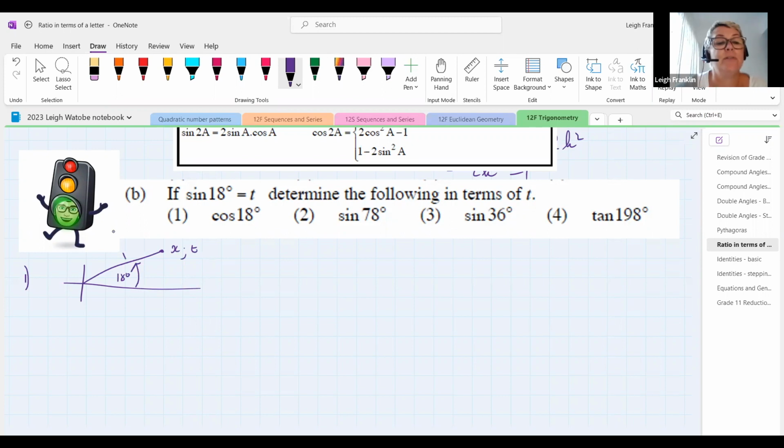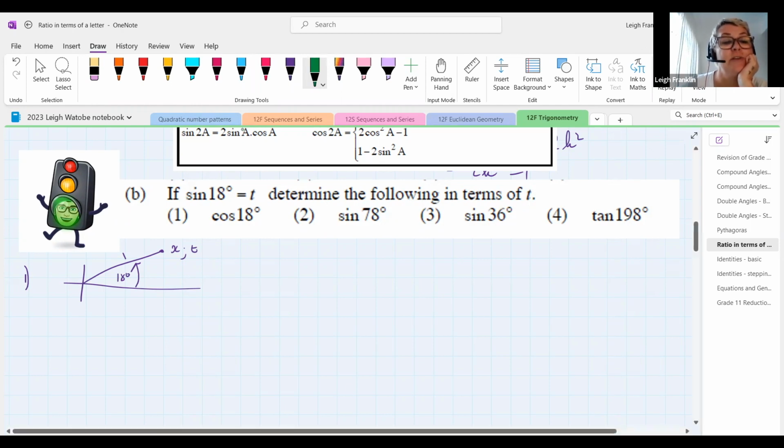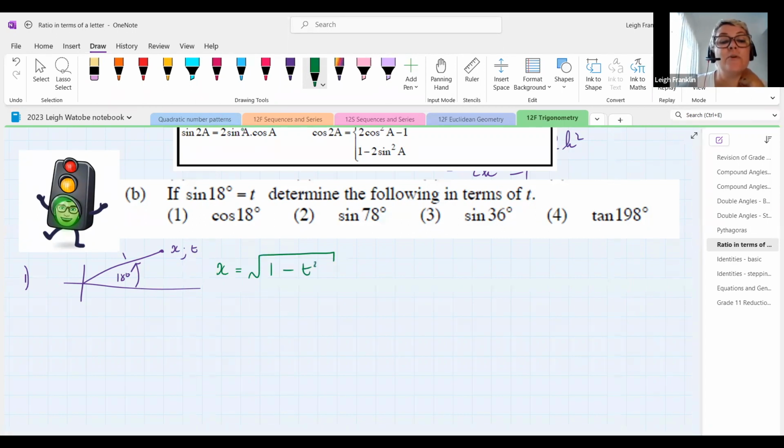Matrix, does anybody want to tell me what the x value is in terms of t, please? What was x in terms of t? Faheen, go for it. It will be root 2t squared minus 1. So it should have been 1 minus t squared. Excuse me, 1 minus t squared.